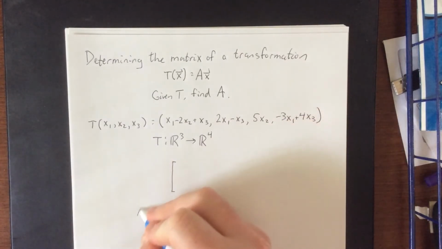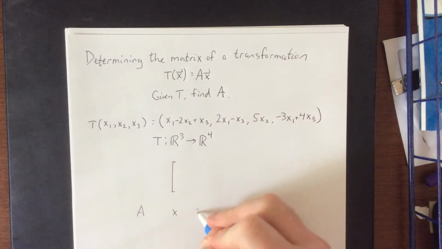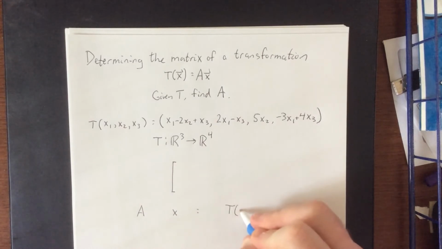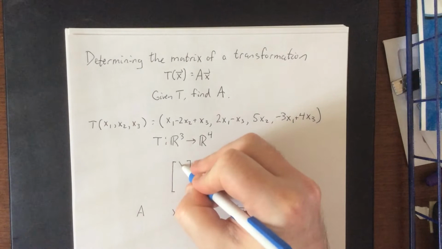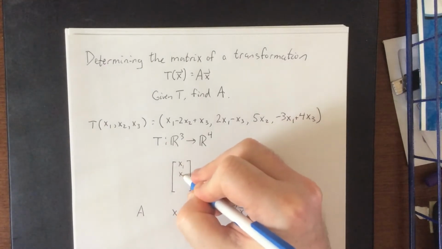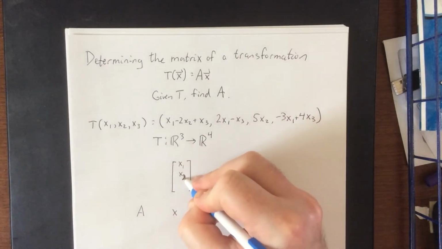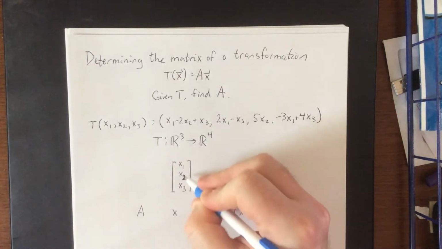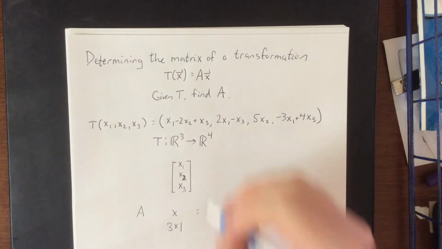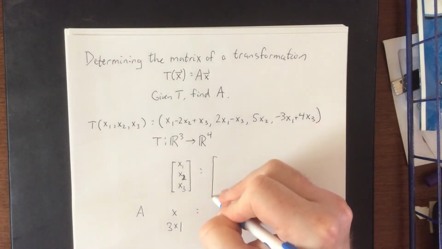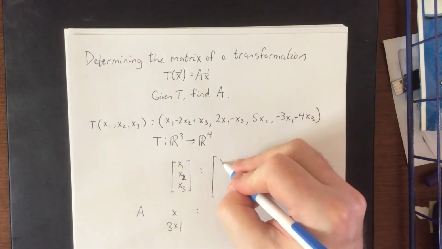So first thing I want to do is set up on the right hand side Ax, and then on the left hand side we'll set up T of x. So x we have established is going to be a 3 by 1. So x1, x2, x3. x is officially a 3 by 1. And what it's supposed to be equal to is this vector right over here.